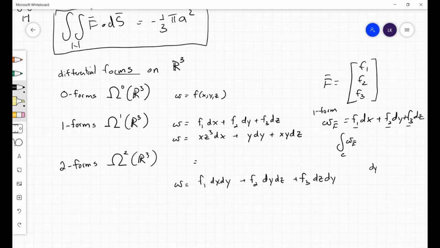So dy dz, for example, would be the negative of dz dy. Oops, I messed up. What I meant to say is that dx dz is actually not in canonical form. That would be minus dz dx. And dy dx is equivalent to the negative of dx dy. Okay.